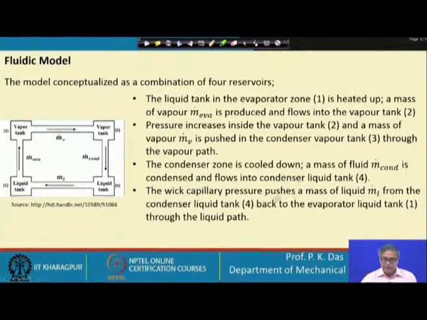The wick capillary pressure pushes the mass of liquid m dot L from the condenser liquid tank 4 back to the evaporator liquid tank 1 through the liquid path. So, 4 tanks, 4 conceptualized tanks and 4 pipelines, again conceptualized pipelines, constitute some sort of a circulatory system and represents the circulation inside a heat pipe.